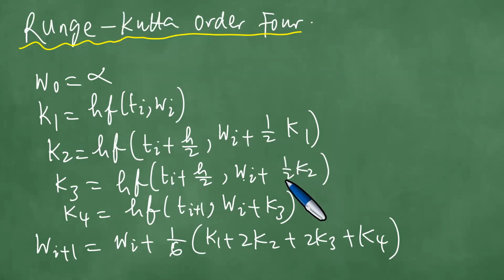And then here you have half K2. Then here you put K3. And this is the Runge-Kutta order 4. Let's see what we do with these here.